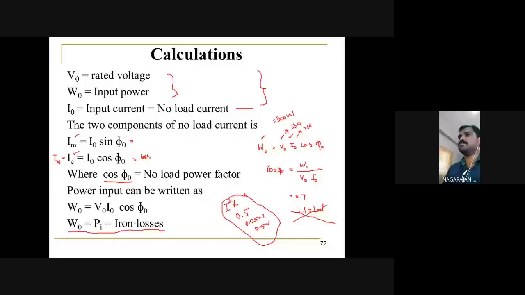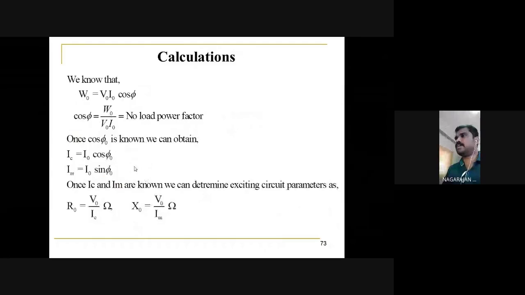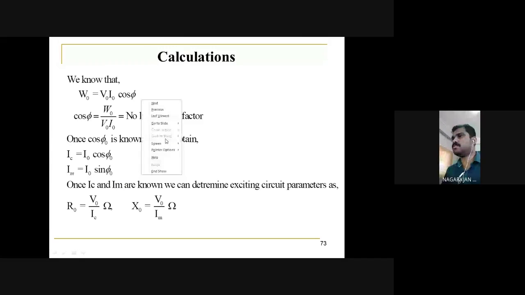Okay, so look at this. This is what I derived in the last slide. W naught is given as V naught, I naught, cos phi naught, where phi naught is the no load phase angle. So cos phi naught is equal to W naught divided by V naught, I naught. So how can I derive phi naught from this equation?